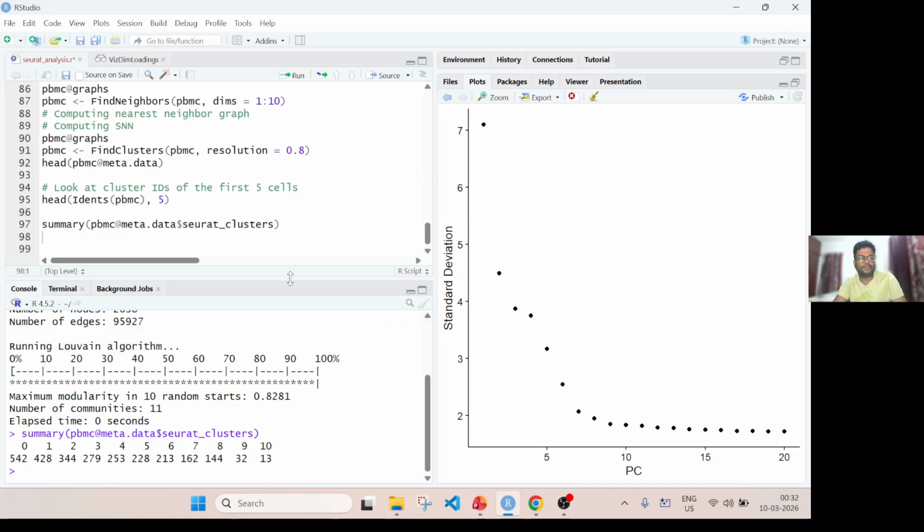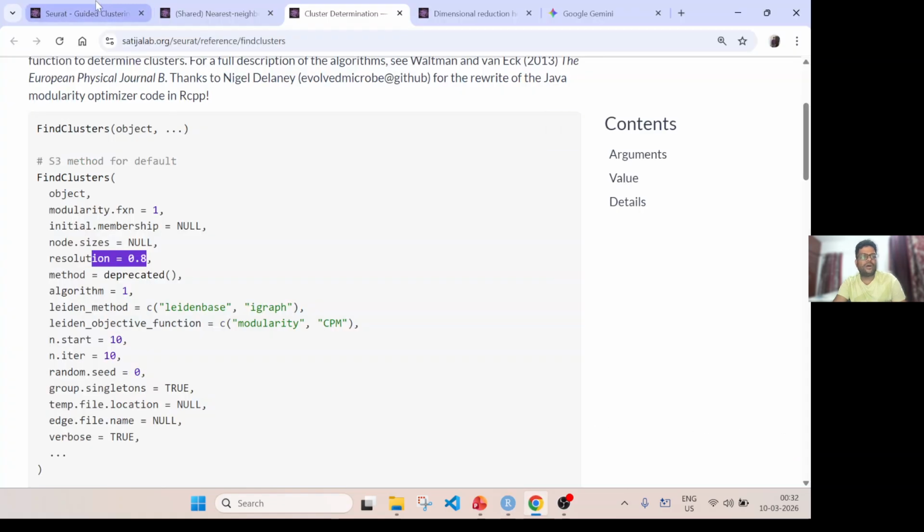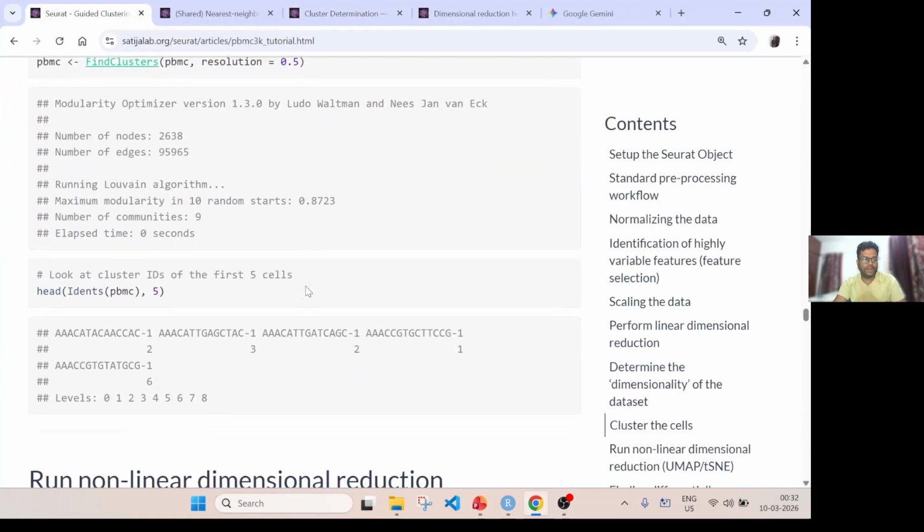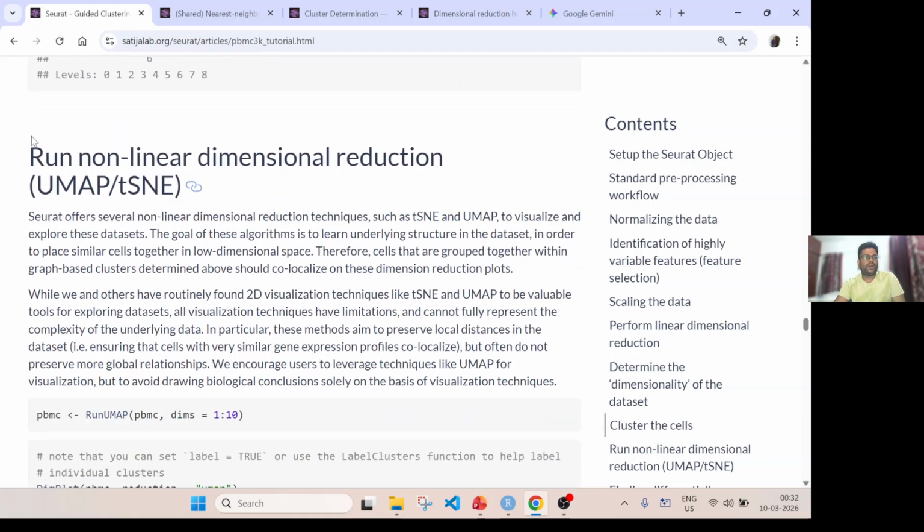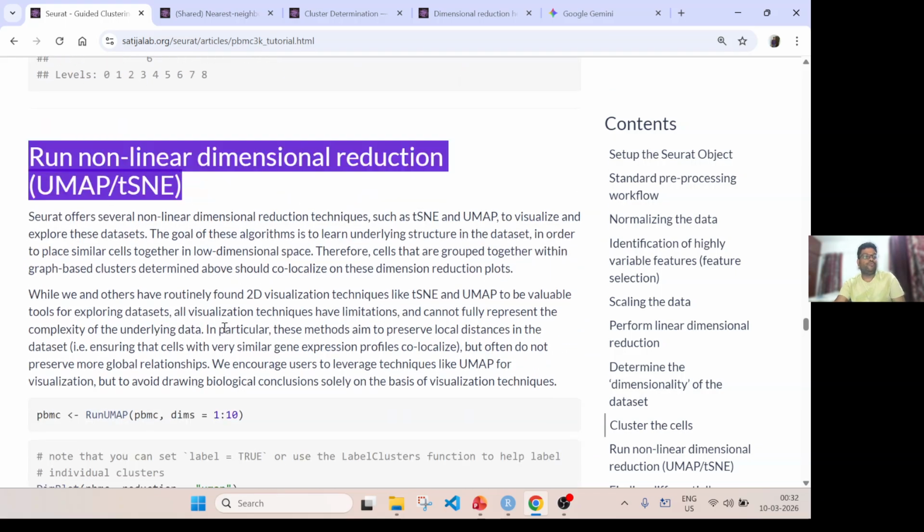As per the documentation, after that what we need to do is visualize it. We can go with either UMAP or t-SNE, non-linear dimension reduction methods. Now that we have the PCA space, it further applies non-linear information to visualize.